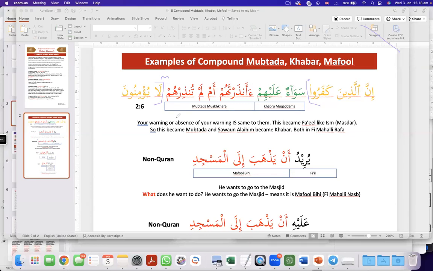Another way: your warning or the absence of your warning is the same to them. That's the inside meaning of this section.